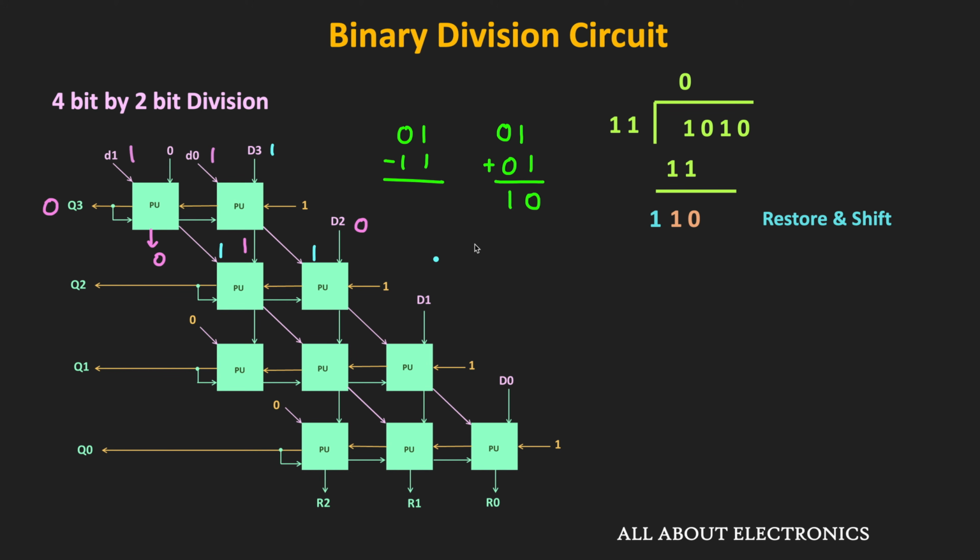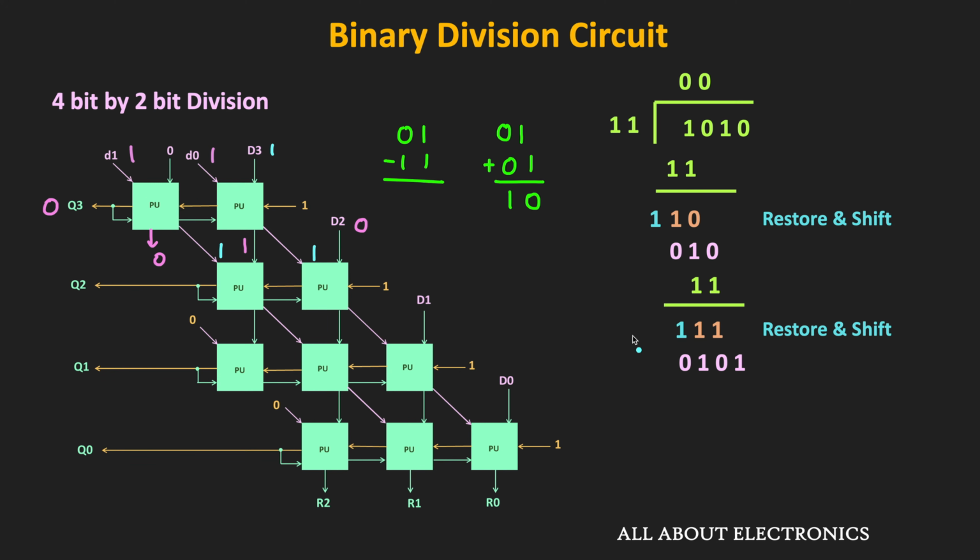Now on the right hand side in the actual division, in the second iteration we will bring the next bit of the dividend, and then we will right shift the divisor by 1 bit, and once again we will perform the subtraction. So once again, since the 10 is less than 11, after the subtraction we will get the borrow, and since we are getting the borrow, in the quotient we will write 0, and once again we will restore the original bits.